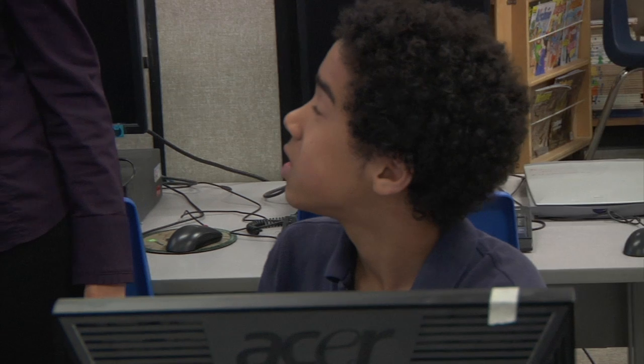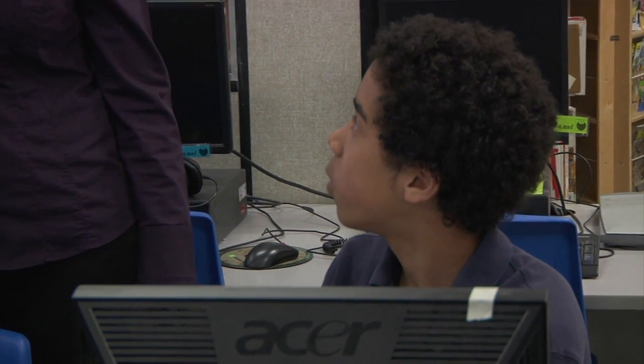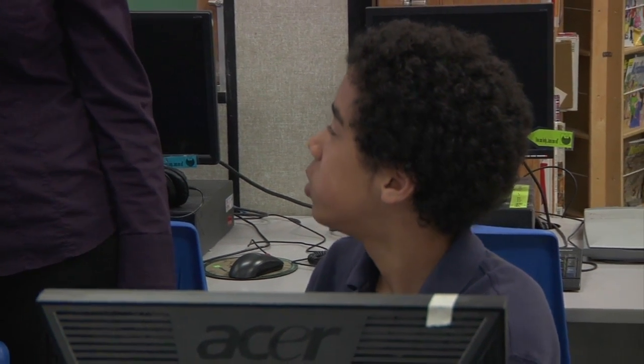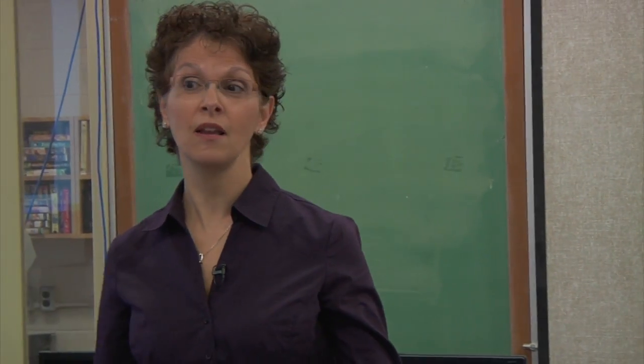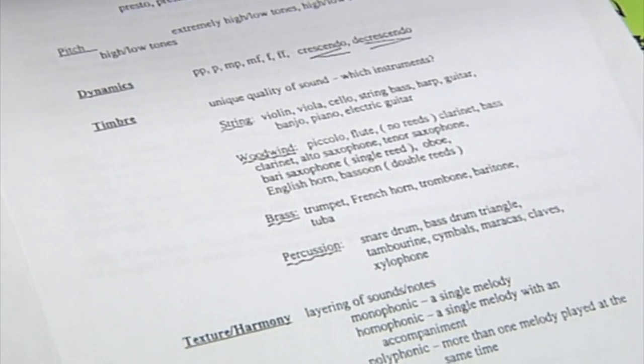Peter? Dynamics. In one part, if you did A loud, in the next part you could do it a little bit quieter, or if it's with many different instruments, you could choose a different instrument and have it a little bit quieter. And if we're choosing different instruments, we've gone to a totally different musical element, which would be what? Timbre. Right, timbre. Exactly right.